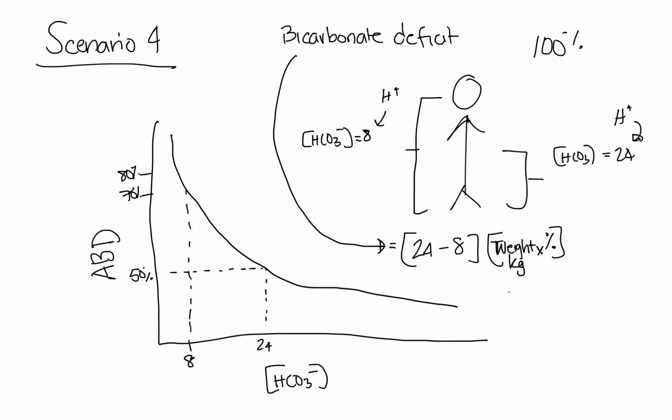If I take a 100 kilogram individual and I say roughly 0.7 of their body is being utilized to buffer the acid-base status, but each of these cells is missing 24 minus 8 number of bicarbonate, well, then this would help us calculate out 16 times 70 is the amount of bicarbonate that our body is missing, right?